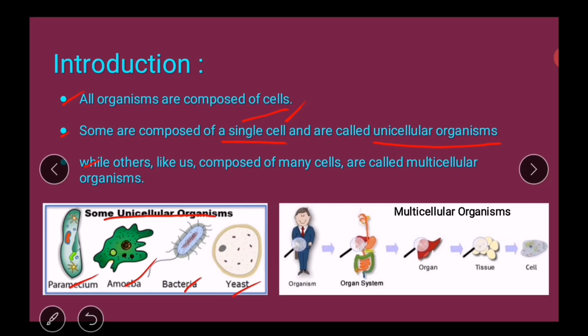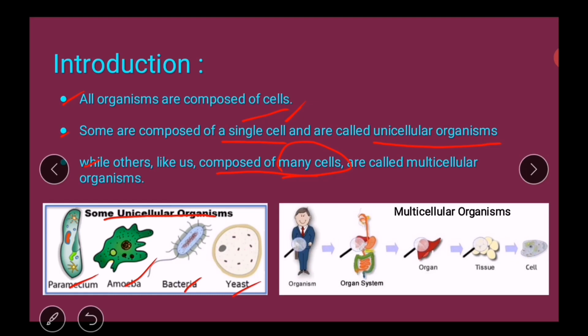Now coming to the third point, many other organisms, like us human beings, or a tree, bird, cat, dog, etc., are composed of what? Many cells. They are composed of many cells. It may be 2, 3, 4, 100, 1000, millions.